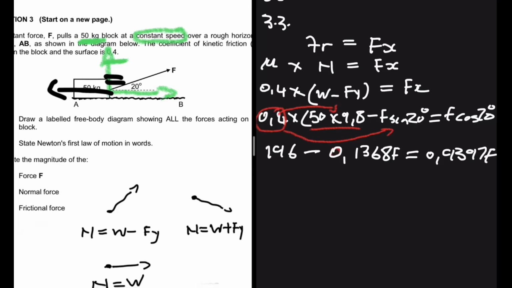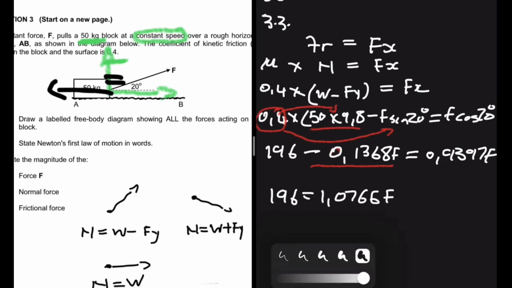Now let's take this term to the left hand side. The sign is going to change, right? So we're going to have 196 being equal to 0.9397 plus 0.1368, and that is equal to 1.0765 F. So what do we do now? We divide both sides by the coefficient of F, right?